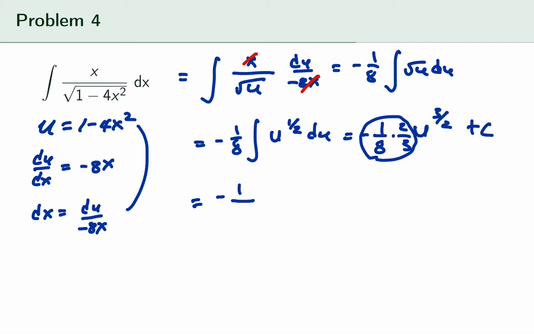So we can simplify to 1 over 12. U, instead of u, we have to plug what u is from right here. 3 over 2 power plus c. So this is our final answer.